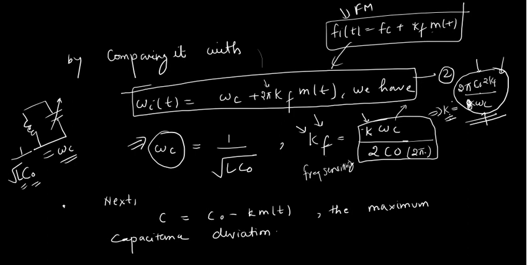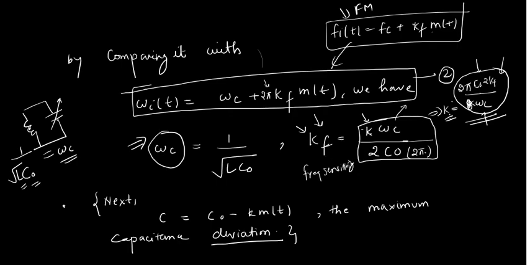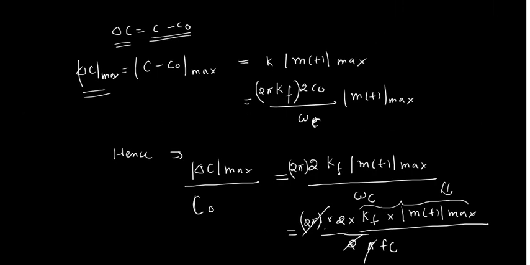Okay. So next, now we'll see what is the maximum capacitance deviation. We'll see why we are discussing this. So C is C naught minus K m(t). So the capacitance deviation will be C minus C naught, right? Because this is the instantaneous capacitance, and this is the capacitance when there was no m(t). So C minus C naught is your capacitance deviation.